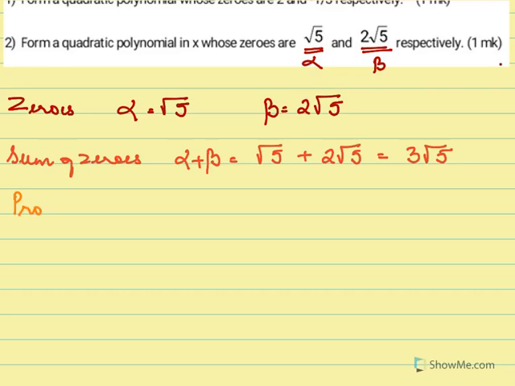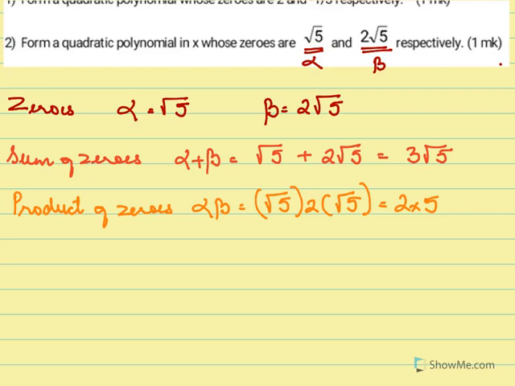Then we need to find product of zeros. It is alpha into beta, which is root 5 into 2 root 5. So 2 into 5, root 5 into root 5 is 5, that is 10. Now it's time for us to write our quadratic.